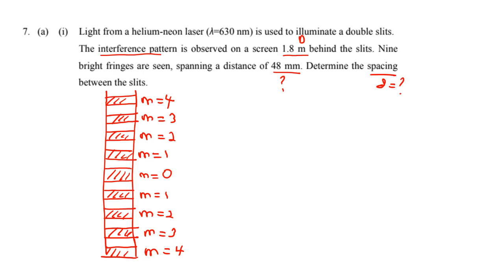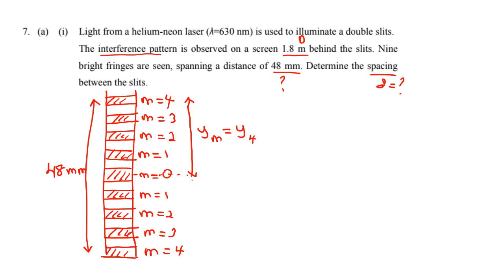Okay, and the distance is 48 millimeters. But actually when we want to measure the distance, we start from the center and we label here as ym. Okay, m here you have to take as y4.